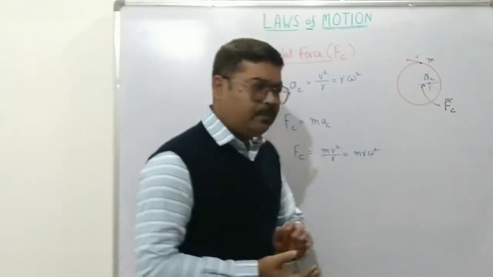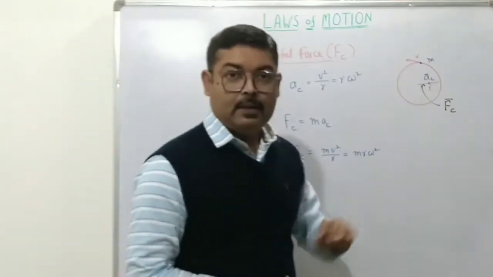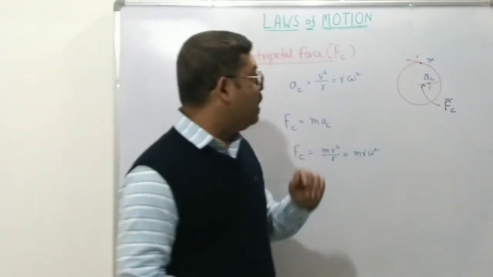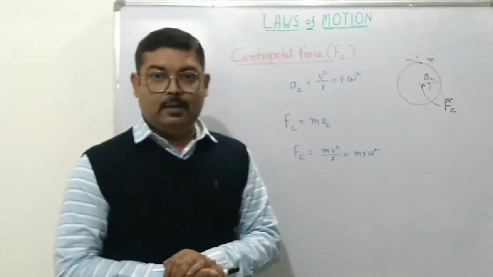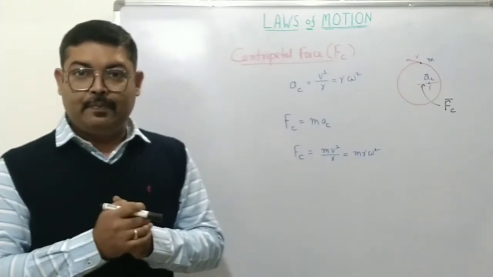Now, if you look from the perspective of the mass, what happens is that the mass, since it's moving in a circular motion, we know there is always an acceleration.